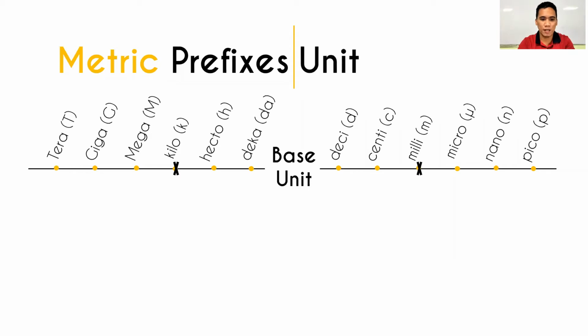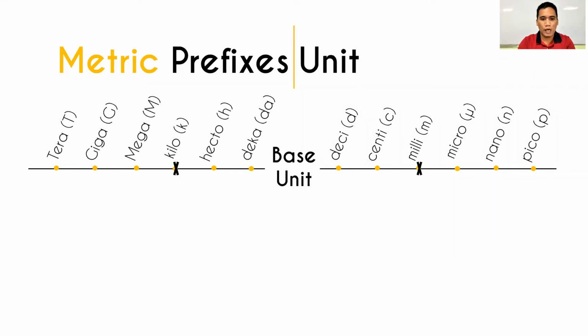These are just some examples of prefixes, but there are a lot of prefixes that we are using at this time. So we use prefixes to minimize the number of digits that we have to use.